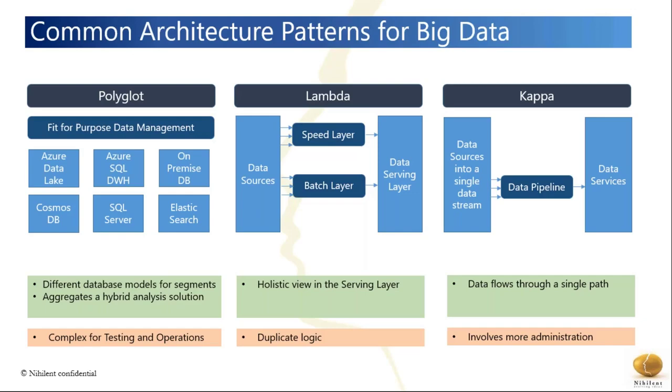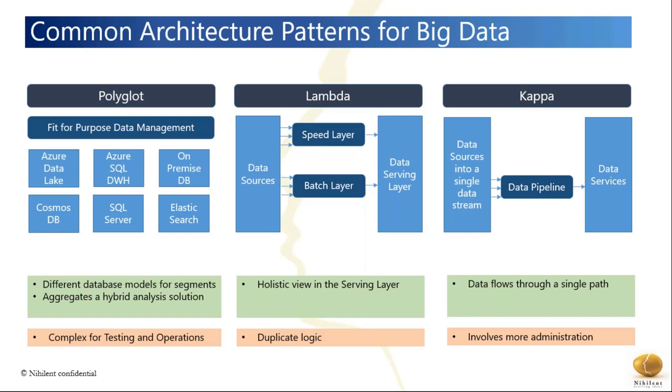The first one is the polyglot pattern. Here the idea is that, instead of having a centralized data store, I might want to have multiple data technologies to store my data, for obvious reasons, in the sense that different technologies are good at handling different types of data, so I can get them processed efficiently.